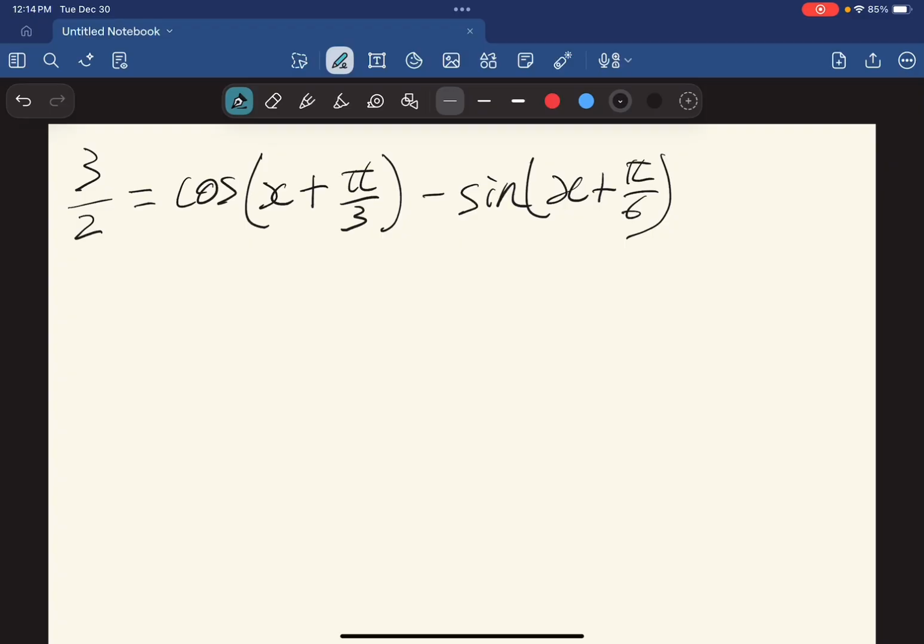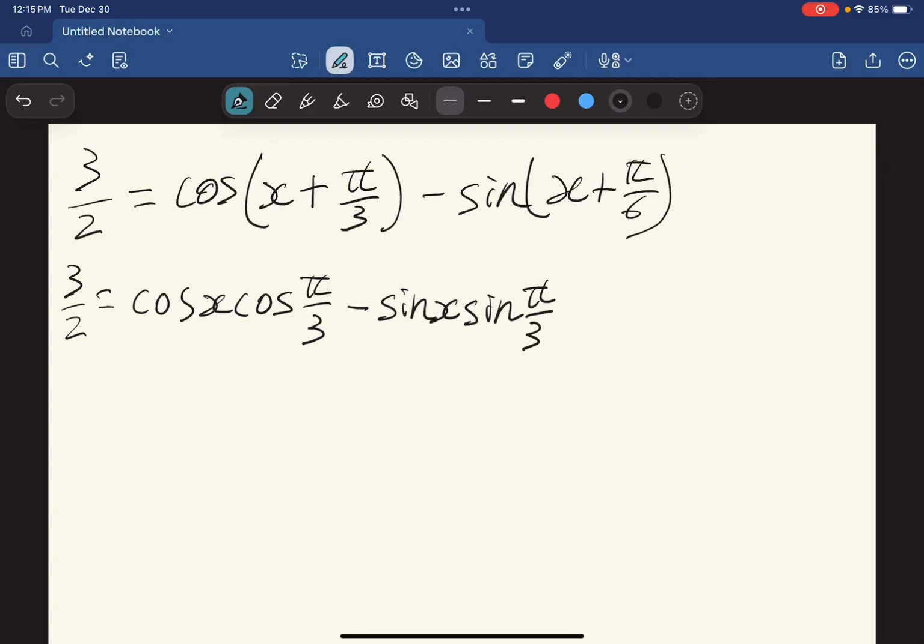And you'll see that we know our trig addition formulas, or hopefully we do, and we know that this just equals cosine of x cosine of pi over 3 minus sine of x sine of pi over 3, right?